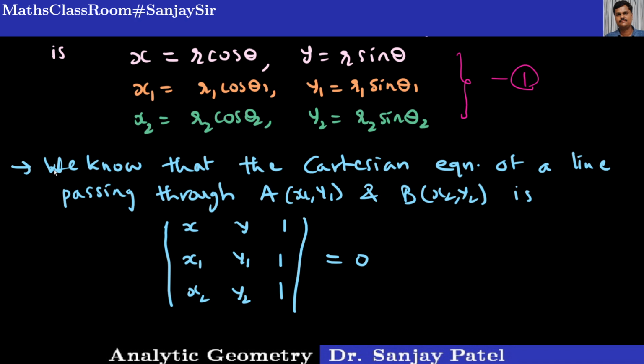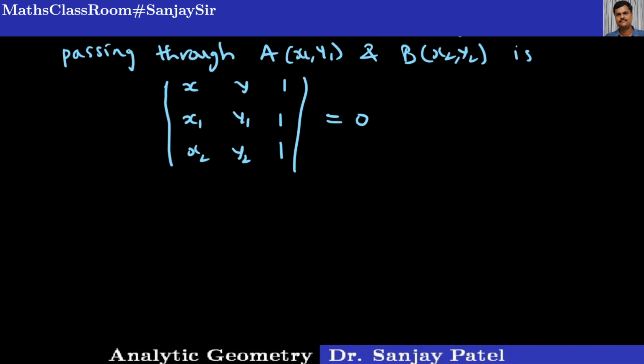What we are going to do next is clear. Substitute the values of all these numbers x, y, x1, y1, x2, y2 from equation 1. So all the Cartesian coordinates will be converted into polar coordinates. What we are doing simply is transforming this Cartesian equation, which you know from school, into polar form.